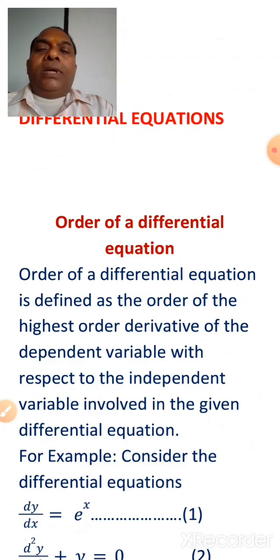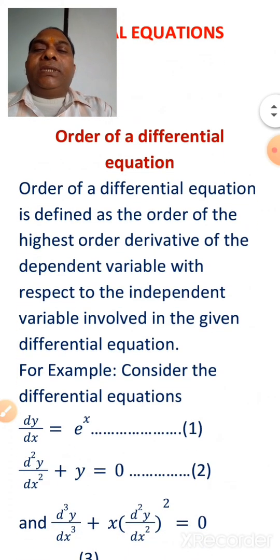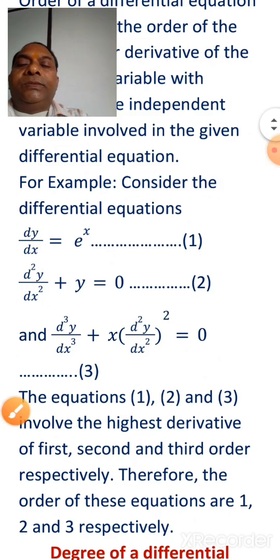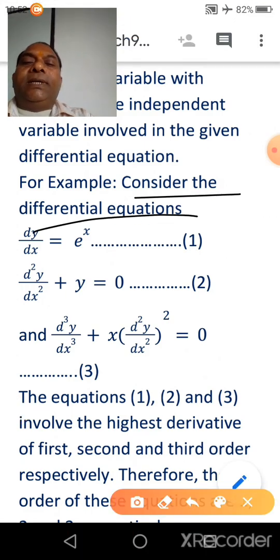So, according to order of differential equation, order of a differential equation is defined as the order of the highest order derivative of the dependent variable with respect to independent variable involved in the given differential equation. For example, consider differential equations dy by dx is equal to e to the power x.